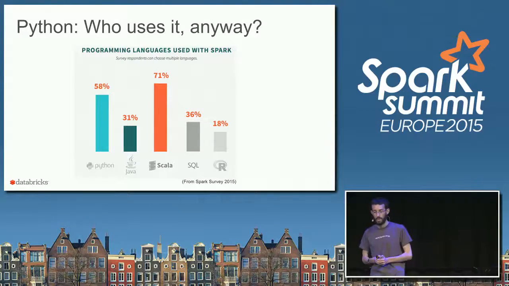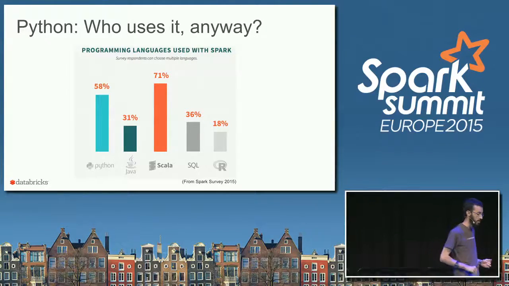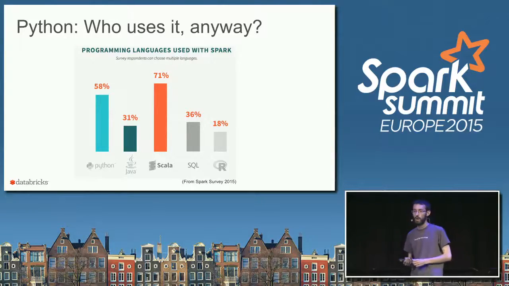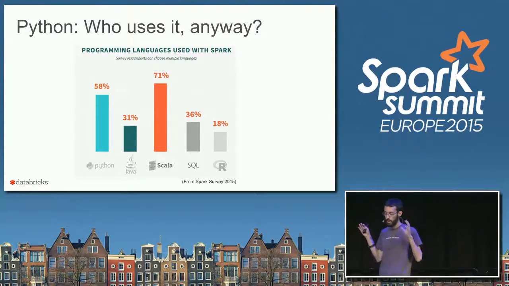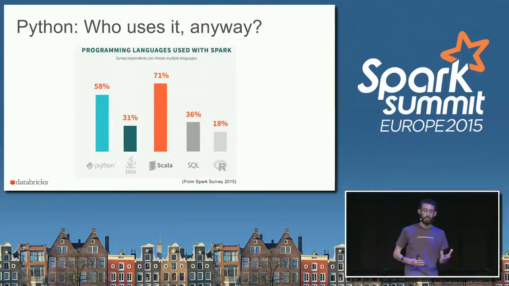So how popular is Python? It was a question that we asked on the Spark survey, and what we saw was pretty interesting. If you know Spark's history, about 1 to 2 years ago, Python was very much a second-class citizen in Spark. A lot of the APIs were not quite up to par with the RDD Java and Scala APIs. And there were obvious problems with performance, very obvious things that we could fix.